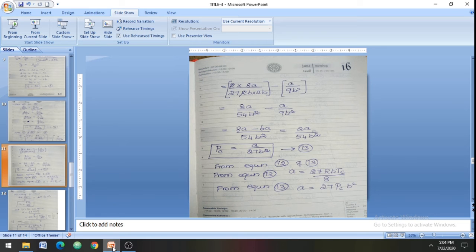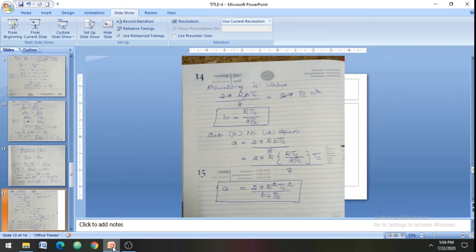Here, from equations 12 and 13 the left-hand sides are equal, that is a, so equating the a values, what about b? b is equal to RTc by 8Pc. Substitute the b value in the a expression. We already have two expressions for a; take any one and substitute the b value. Finally, we get a as 27R squared Tc squared divided by 64Pc.